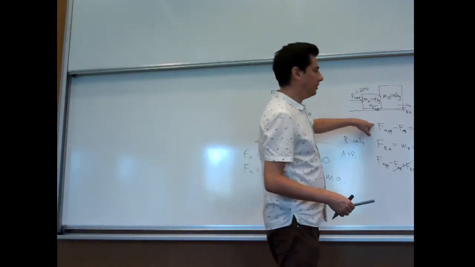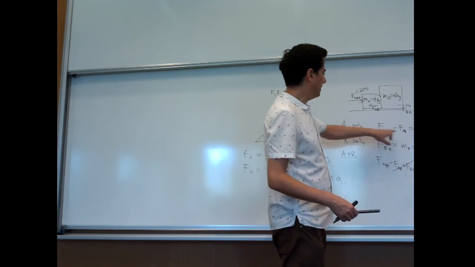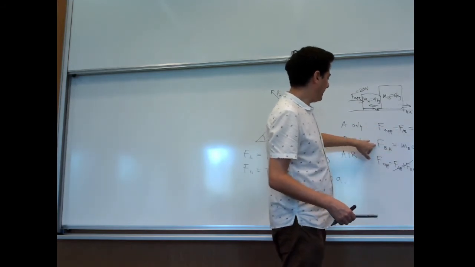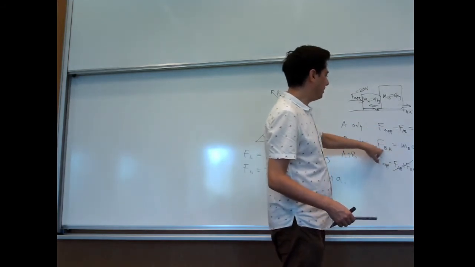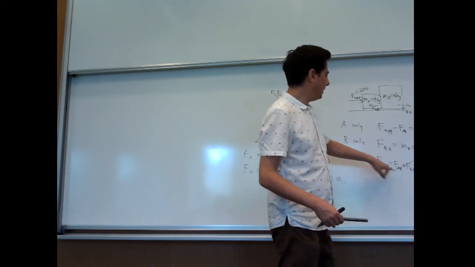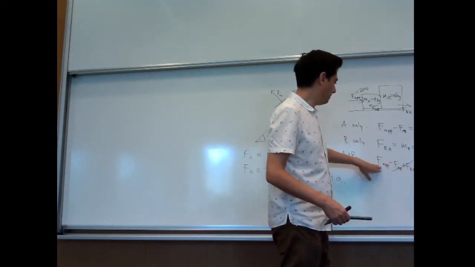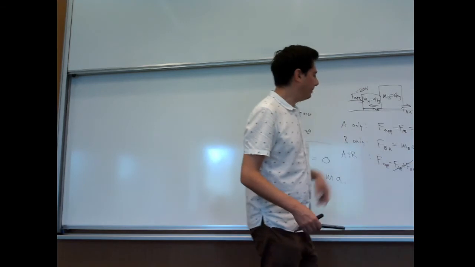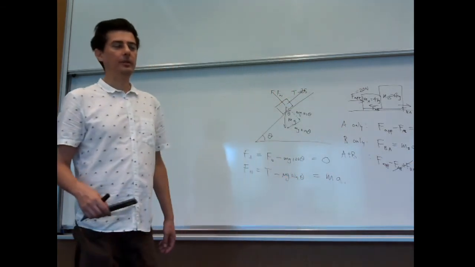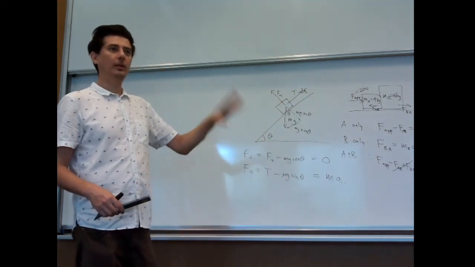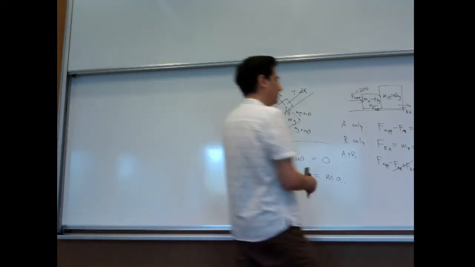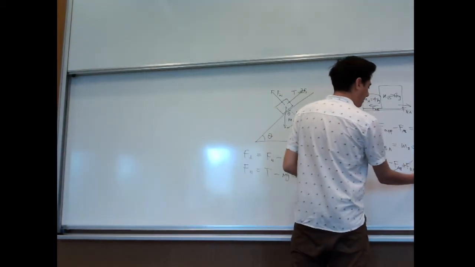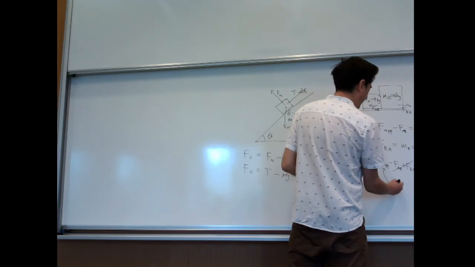We can't solve A with the first equation because we don't know what that force is. We can't solve the second one either because we also don't know what that is at this stage. In this combined one, these cancel, so we're just left with one equation and one unknown variable. So this one we can solve.